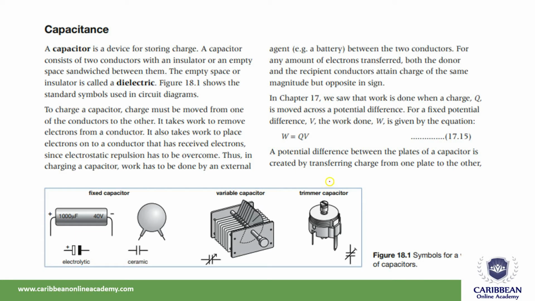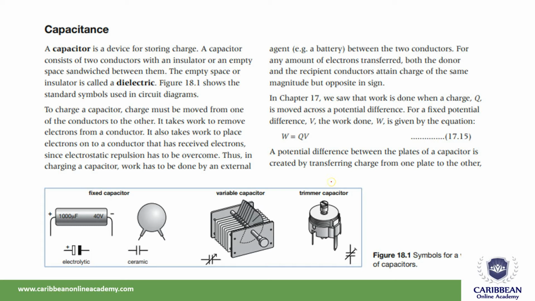So a capacitor is a device for storing charge. All right, it says that a capacitor consists of two conductors with an insulator or an empty space sandwiched between them. It says that the empty space or the insulator is called a dielectric. So you're going to hear us talking about dielectric, and it is simply either air or an insulator.